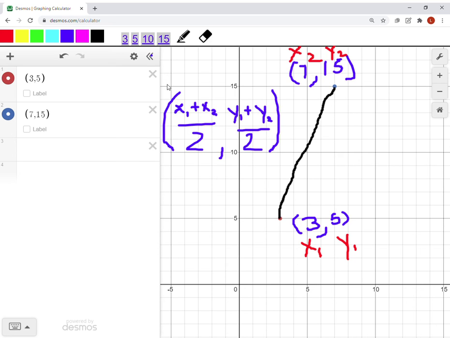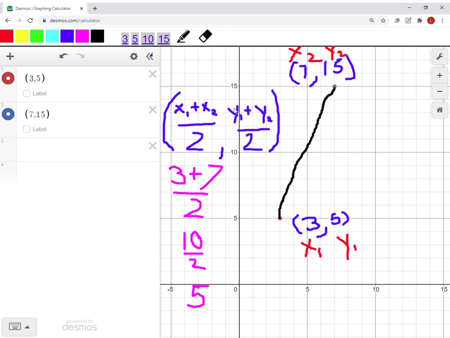So let's try this out. For our x terms, we are going to do x1 plus x2, otherwise known as 3 plus 7 over 2. Well, 3 plus 7 is 10. We have 10 over 2, and then that gets us 5. We've simplified it all the way down.